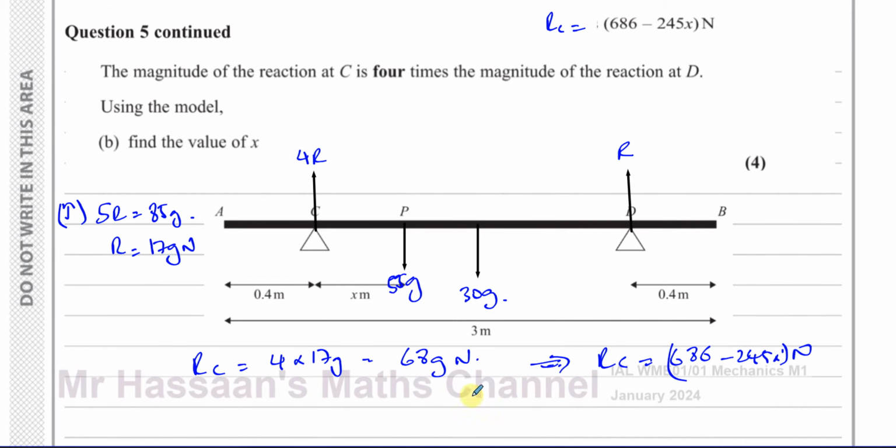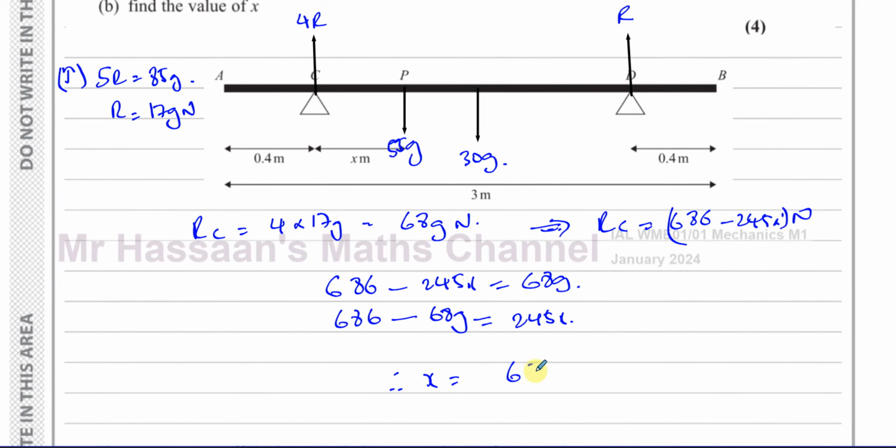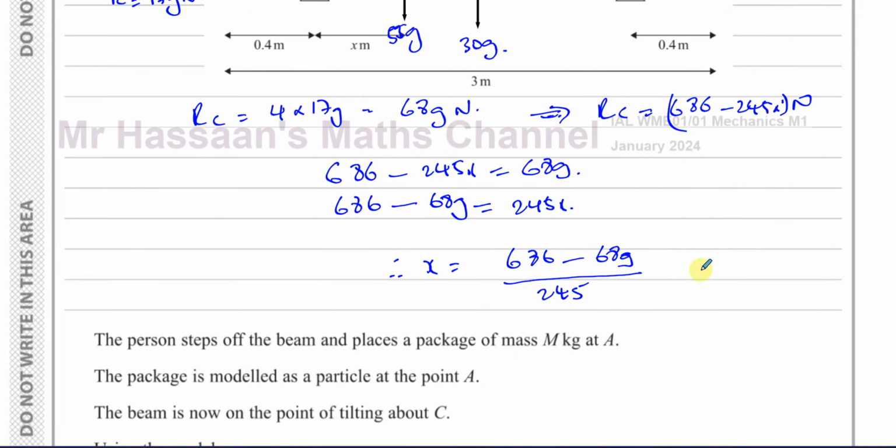So these are equal to each other, and I can now make an equation. 686 minus 245x must be the same as 68g. So 686 minus 68g is equal to 245x. Therefore x is going to be 686 minus 68g divided by 245.